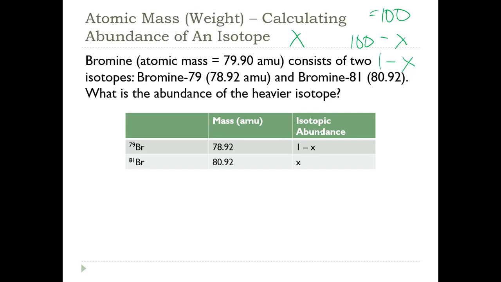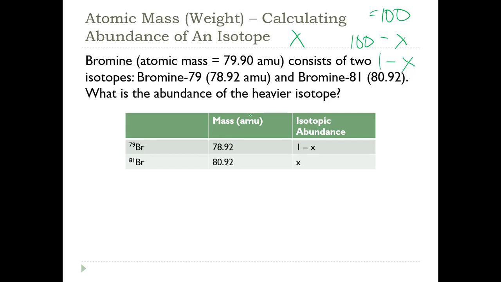And so just like our formula from before, we need atomic mass, or atomic weight, equal to the mass times the percent abundance or isotopic abundance, plus the mass of the other times the percent abundance of the second isotope. But in this case, we need the atomic mass of bromine.